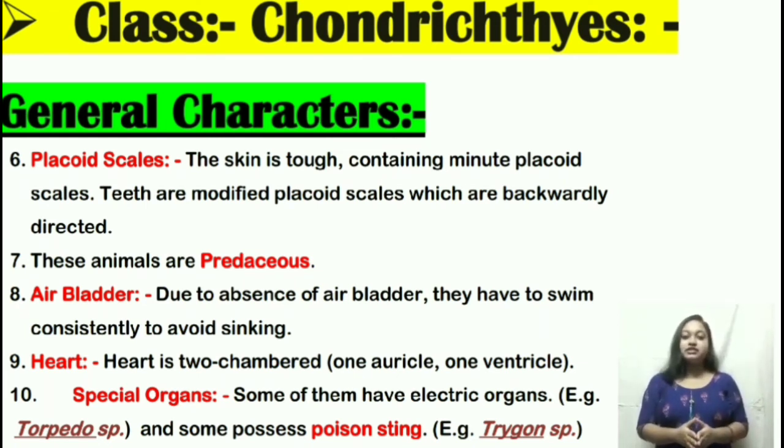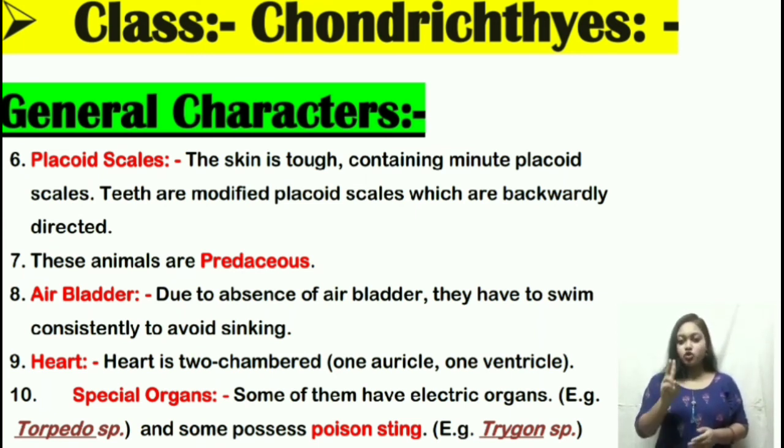Then the point is the animals. The animals are exclusively predaceous. Then the point is air bladder. They don't have an air bladder, so they have to swim constantly to avoid sinking. Then the heart.